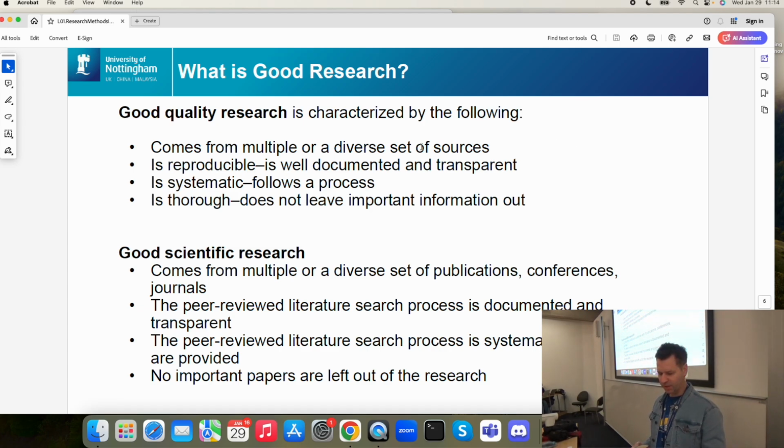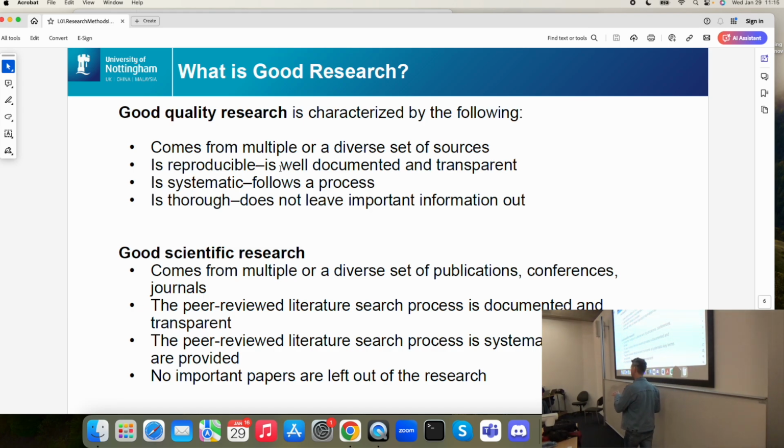Good quality research is reproducible. In other words, if somebody reaches a conclusion or a result, that result or conclusion can be reproduced by somebody else somewhere. Right? That's an important characteristic of good quality research. Good quality research is systematic, so it follows a process.